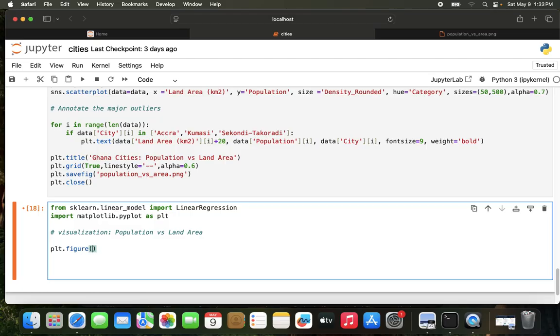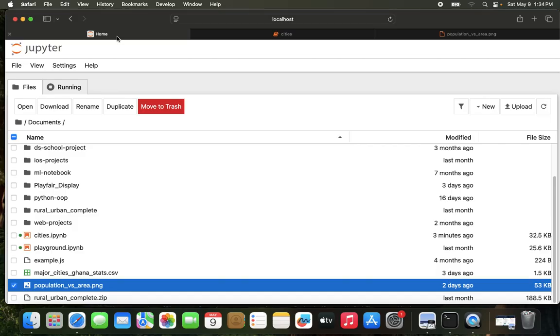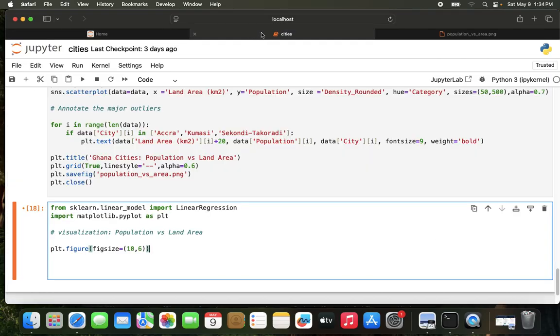Let's set our figure size equals the width is 10 and then the height is going to be 6, like so. Okay, all right, I think we're good. So plt.figure, that's for that.